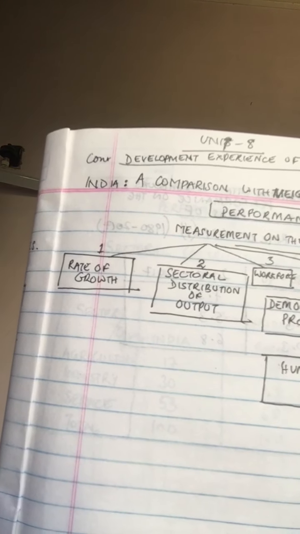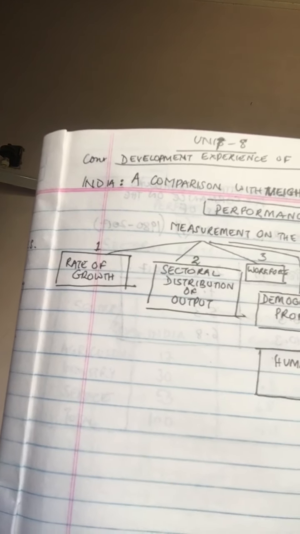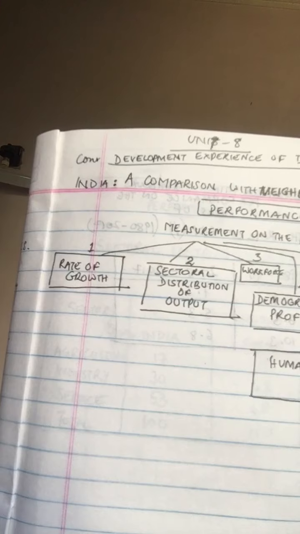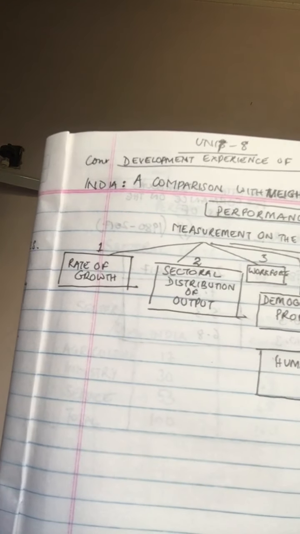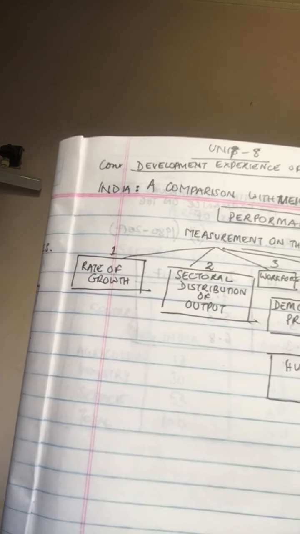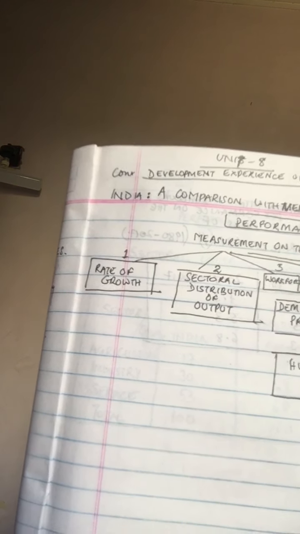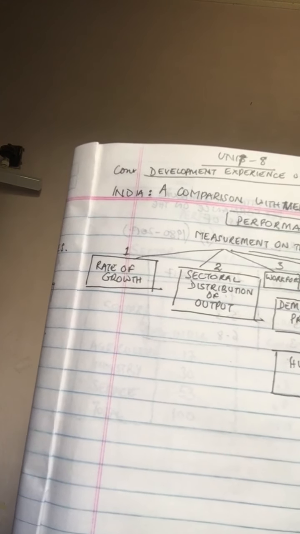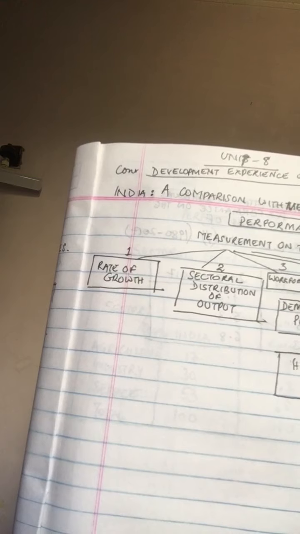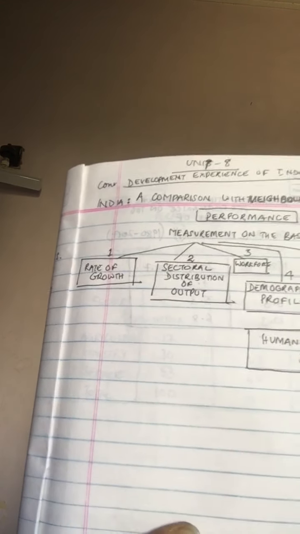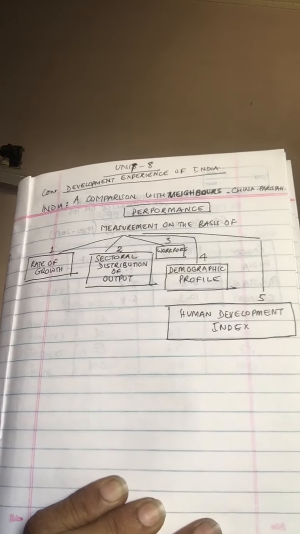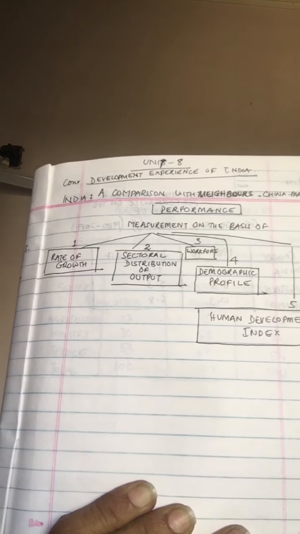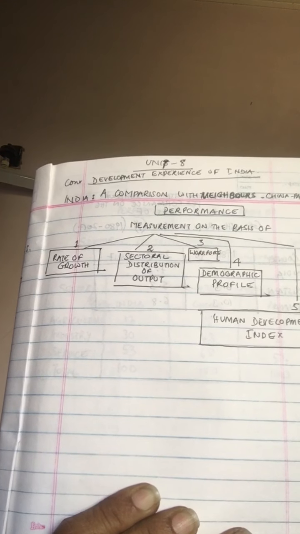We're going to do the development experience, a comparative study of their performance. That is, we'll see the rate of growth, then the sectoral distribution of output, then the workforce, then what are known as demographic indicators, and then human development.